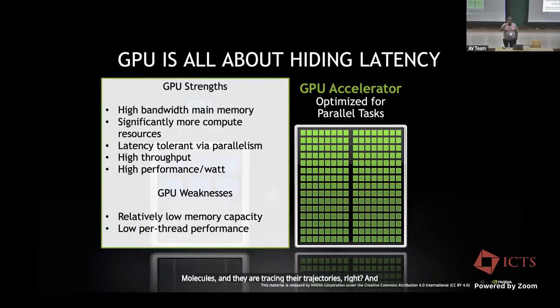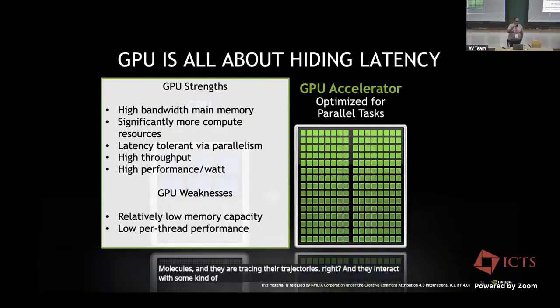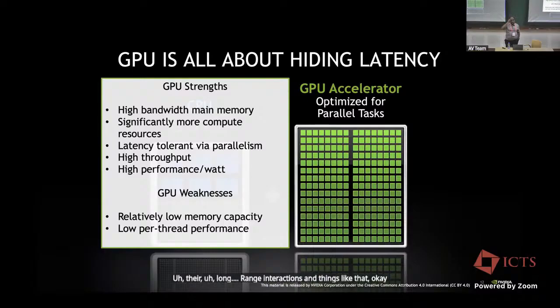And they interact with some kind of inter-particle forces, which can be electrostatic, electromagnetic, long-range interactions and things like that. So that is a parallel task. Now, why is AI being hyped about in GPUs? Is it massively parallel or not?